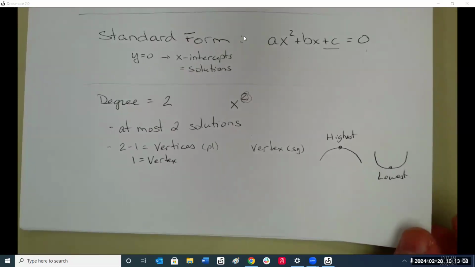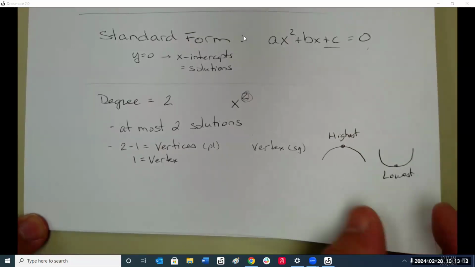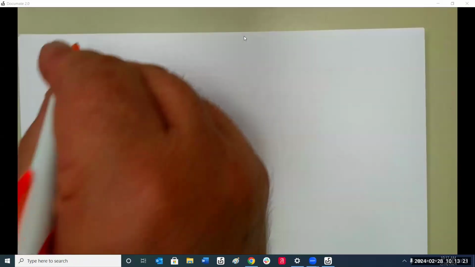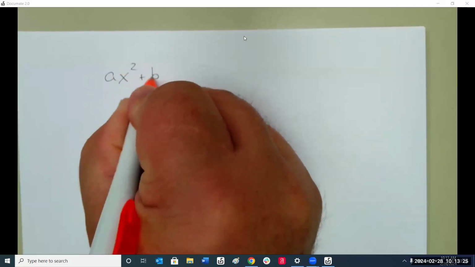Now, what's going to be important here is that our equation looks like this.